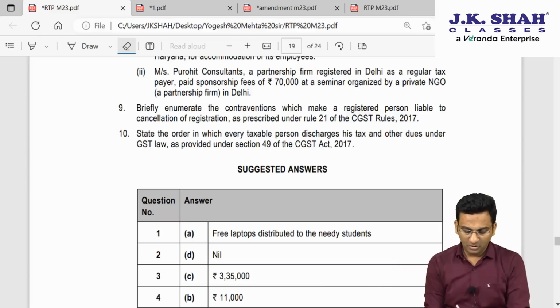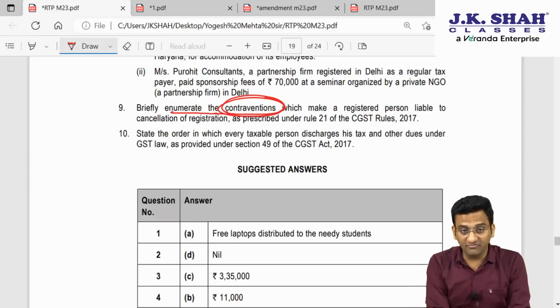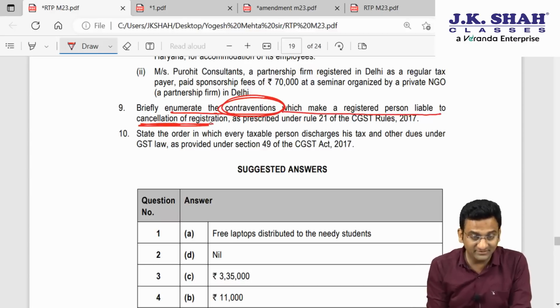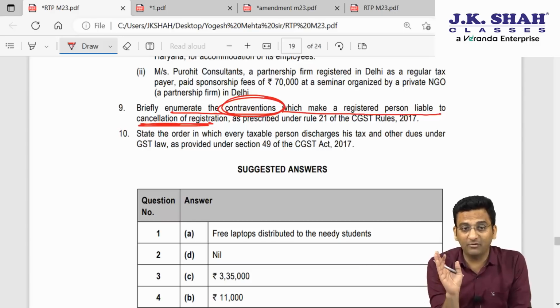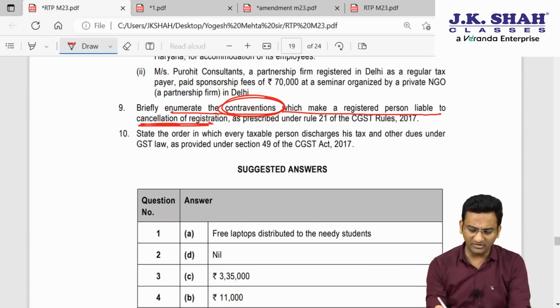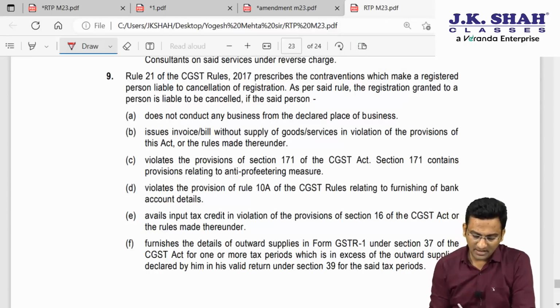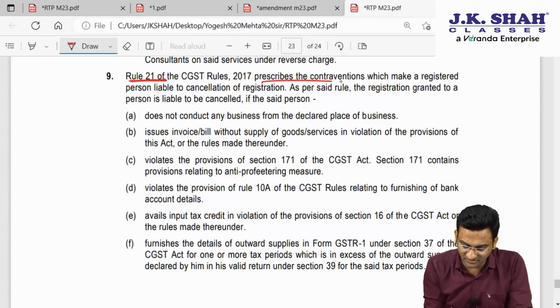Now friends, you have to enumerate the contraventions which will make a registered person liable to cancellation of registration. So in which case the person is liable for deregistration, you have to mention that point. Rule 21 prescribes such contraventions.